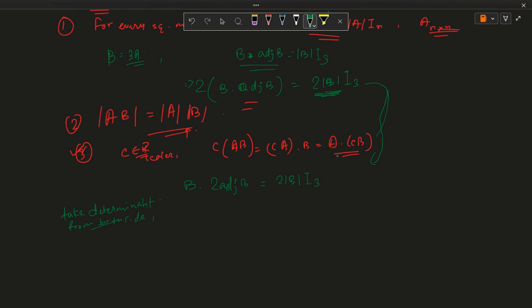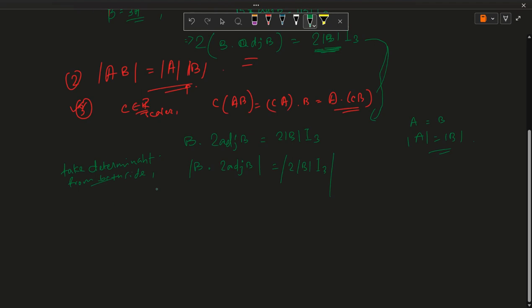See, it is valid because if A equals B, then determinant of A equals determinant of B. As simple as that. So what we will do is determinant of B into 2 adjoint B equals determinant of 2 mod B I3.